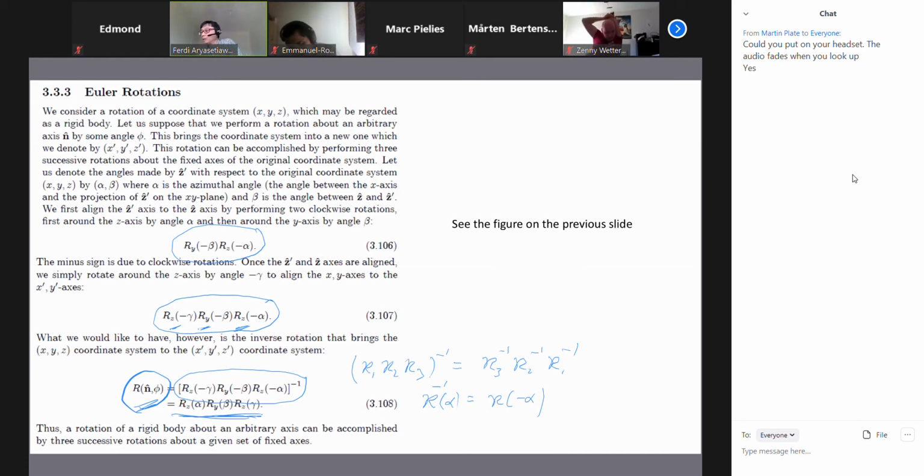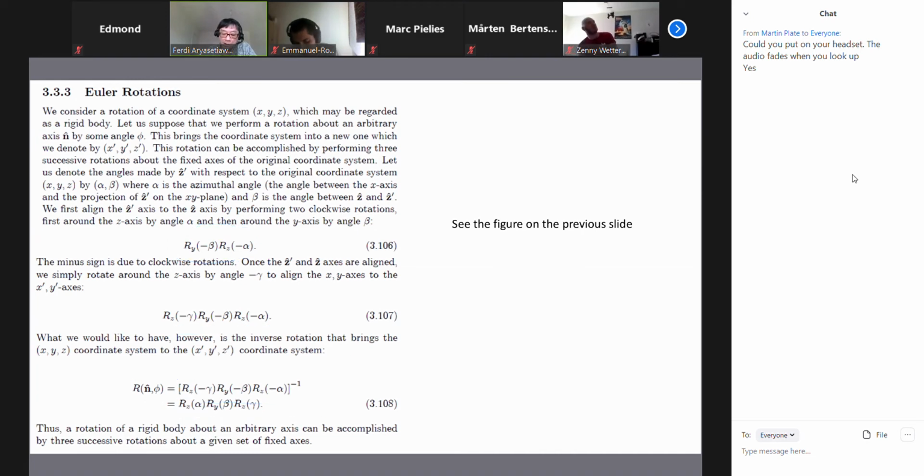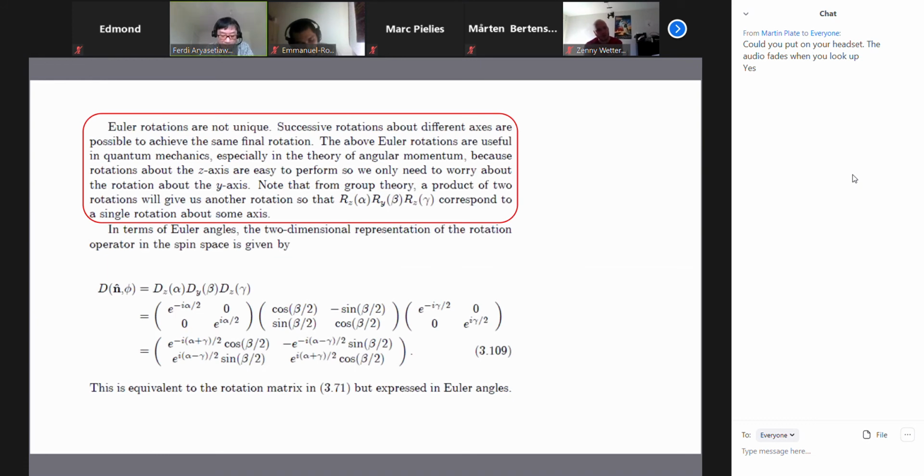We can then rewrite the rotation matrices in terms of the Euler angles. So we have these three successive rotations around the z-axis, the y-axis, and the z-axis again, with angles gamma, beta, and alpha.